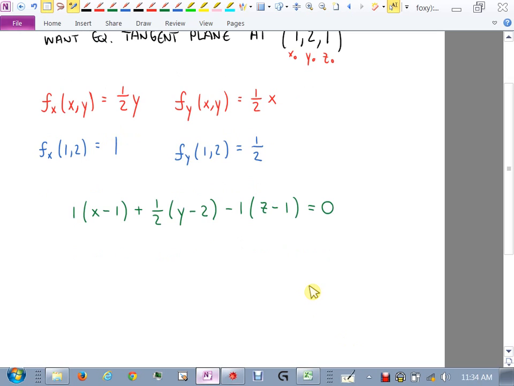And then you could clean it up, but that's the equation of the plane right there. The equation of the tangent plane at that point.